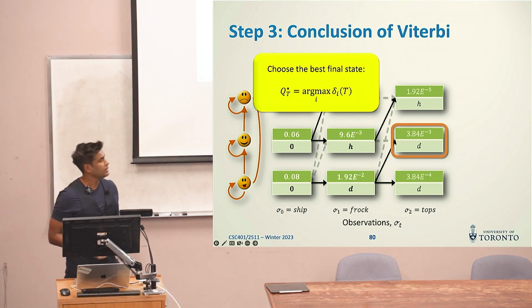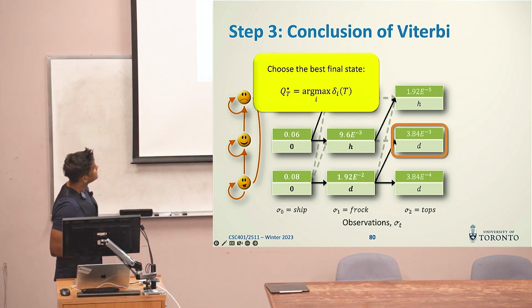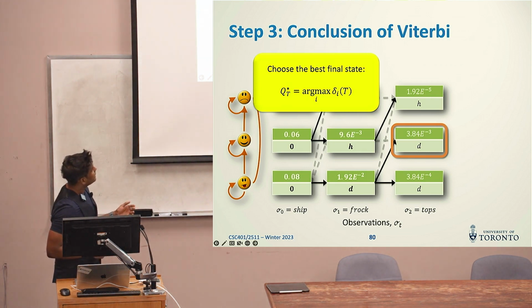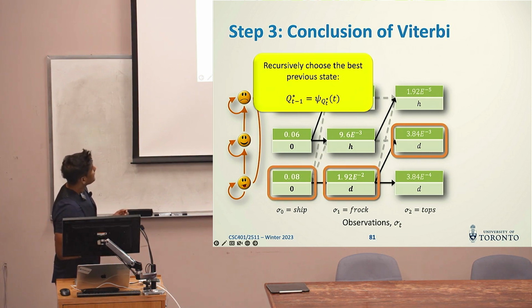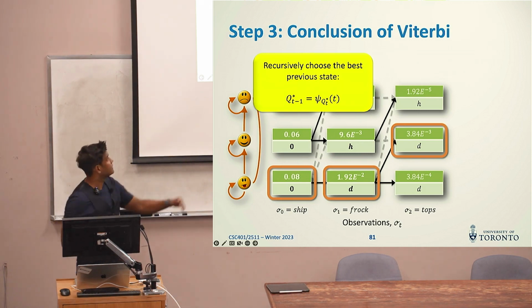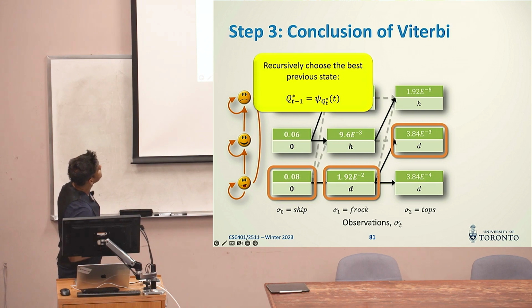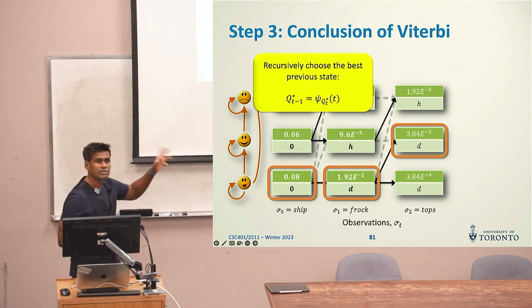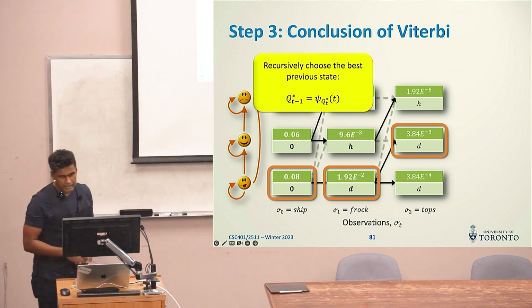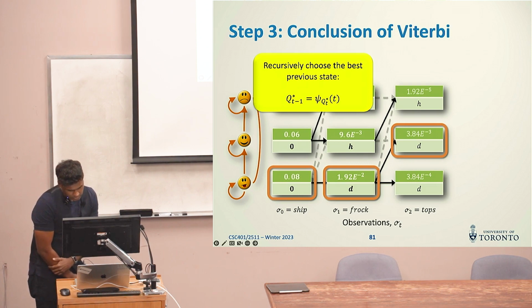This step is easy. You simply pick the best final state, in this case the highest probability, or the highest delta I value. Then you recursively do a backtrace on the psi operator, and that will give you the best possible state sequence. So you just call psi recursively.